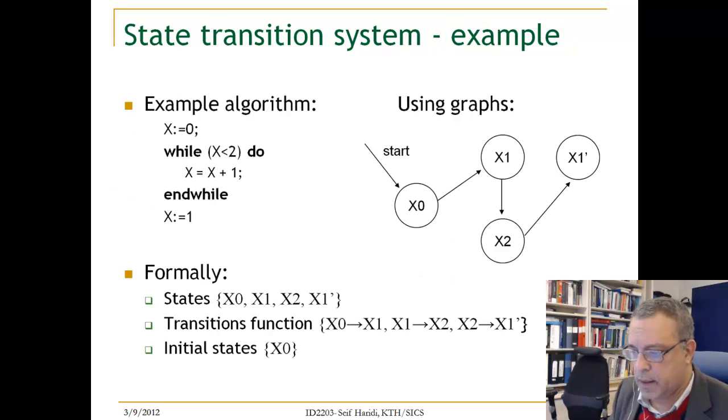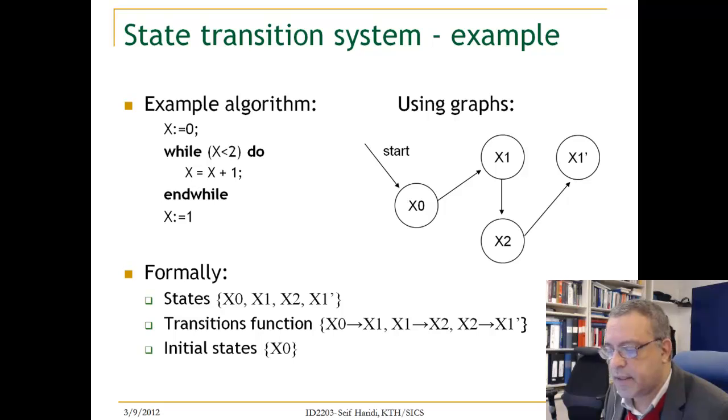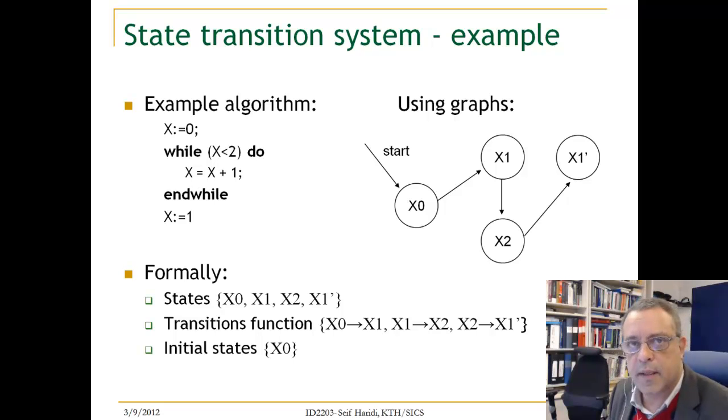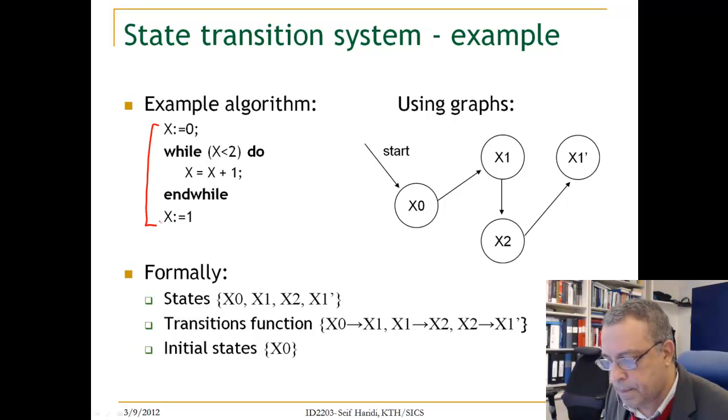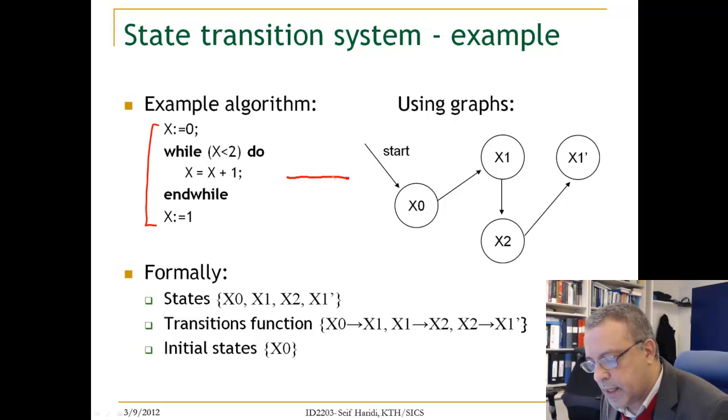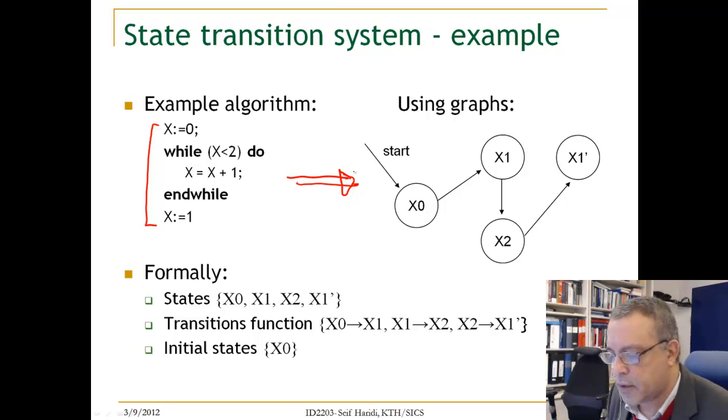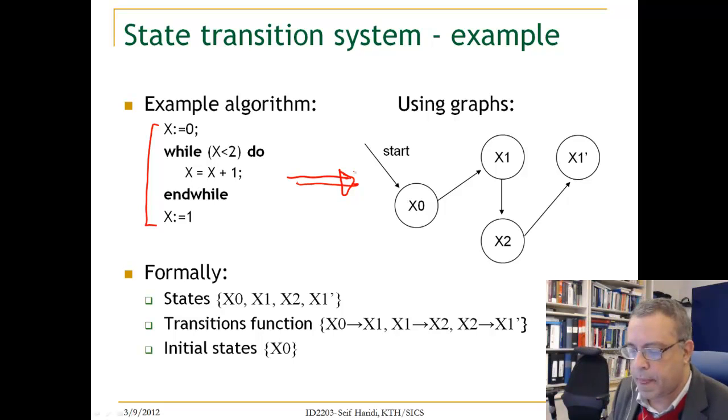Fine. Here is an example of a state transition system for executing a sequential program on a single node. So this is not a distributed program, but just a sequential program running on a single node. And you can see the program here, and the corresponding state transition system.